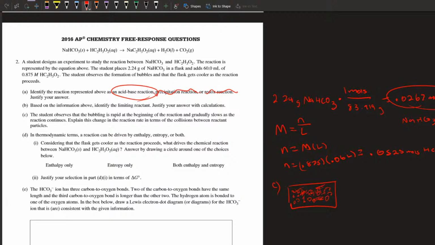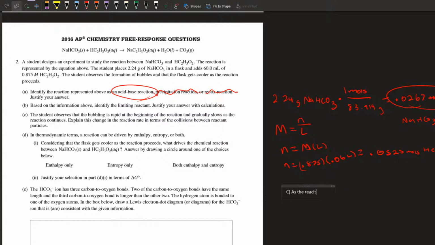As the reaction continues and the concentration decreases, the number of collisions are going to decrease too, right? So that's essentially going to be our explanation for C. Let me reword it, I'm sorry about that.